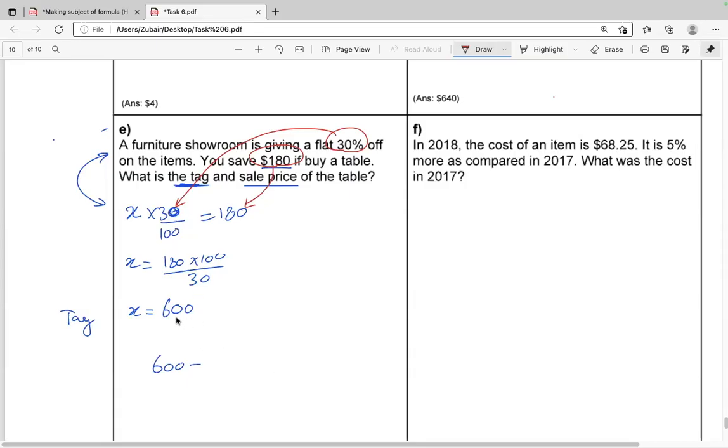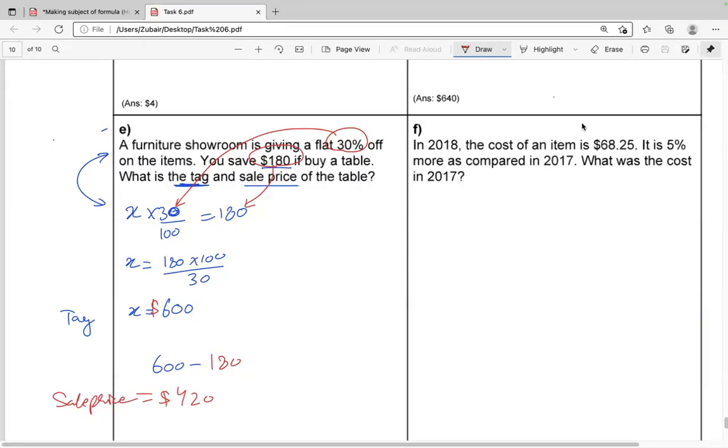So it comes out to be $600. And if that was the tag price and 180 was the concession, so 600 minus 180 is 420. So that's the sale price.